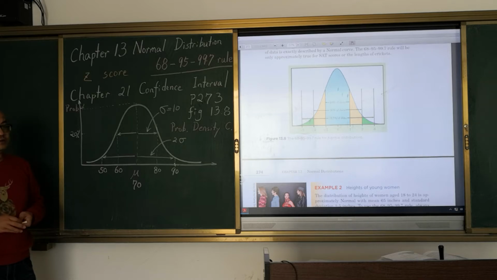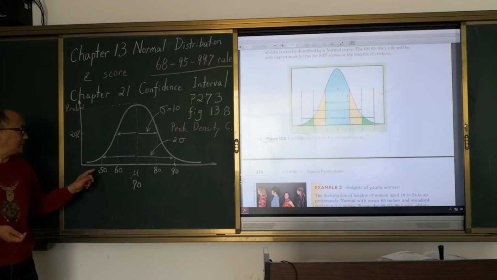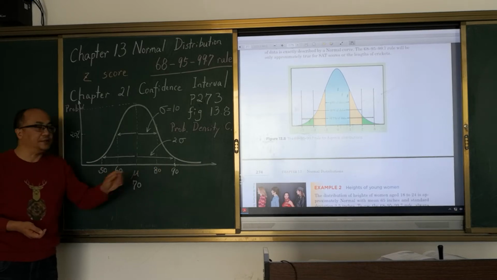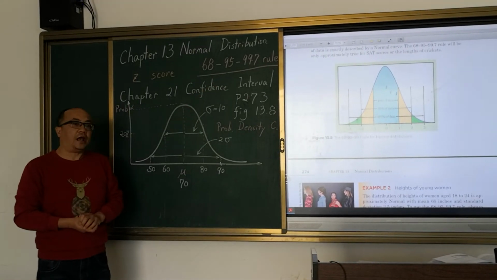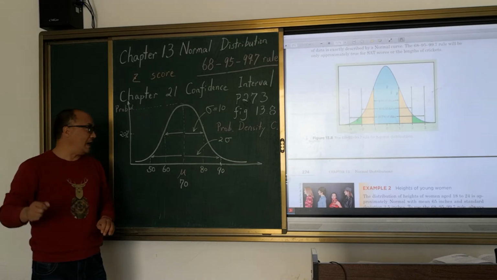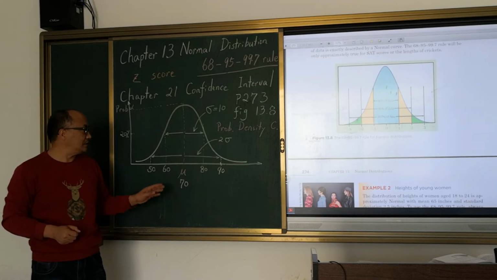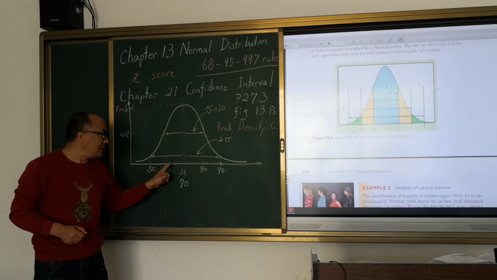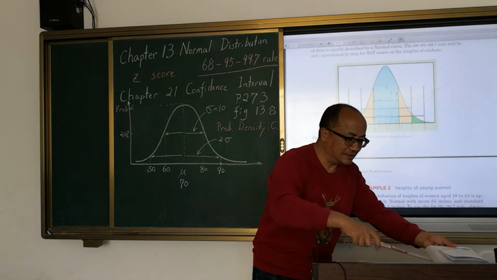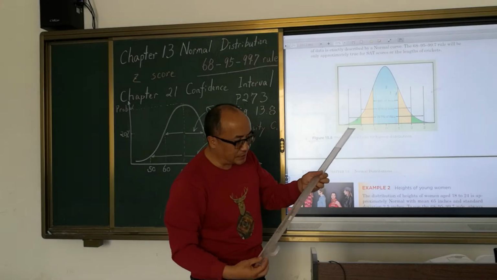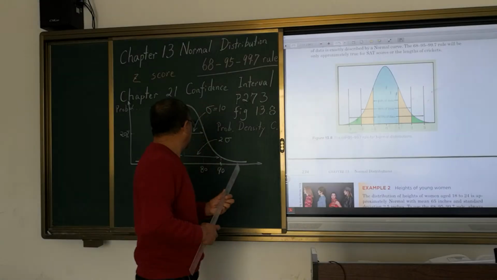The chance his score is between 50 to 90 is 95%. The chance a random student's score is between 60 to 80 is what? 68%.